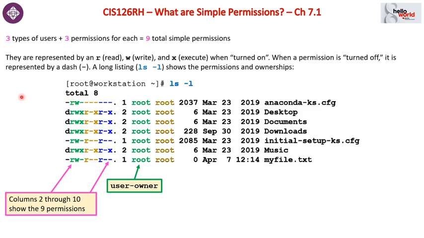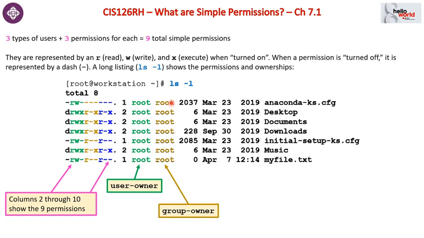If the letter appears, that means that permission is turned on. If a dash appears in the position, that means that permission is off. But it's always read, write, execute. So root here on this file has read and write permissions, and execute's turned off. So there is no execute permission. This is the group owner here.